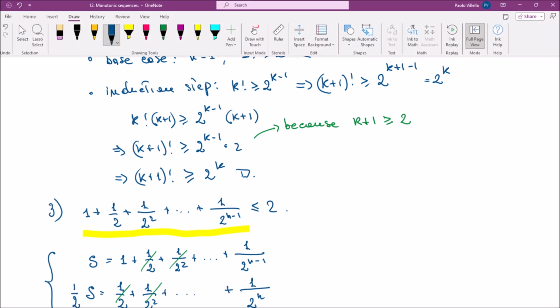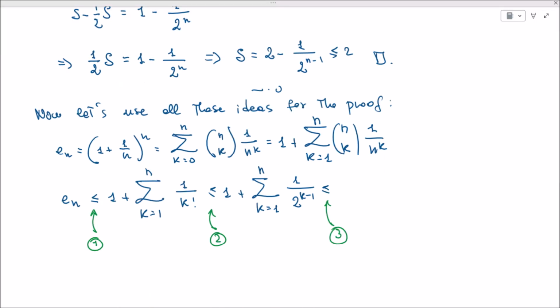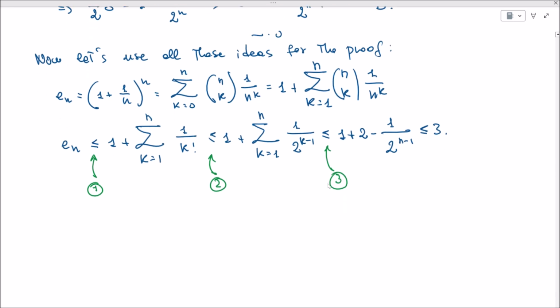So this implies for us that this is less than or equal to 1 plus, we just proved that the sum for k that goes from 1 to n of 1 over 2 to the k minus 1 is just equal to 2 minus 1 over 2 to the n minus 1, which of course is something which is less than or equal to 3. Okay? And this concludes the proof.